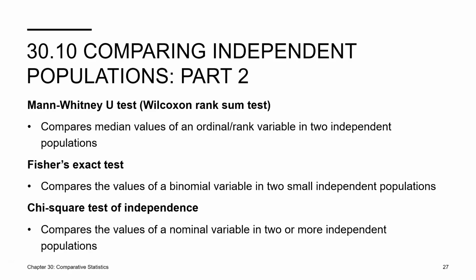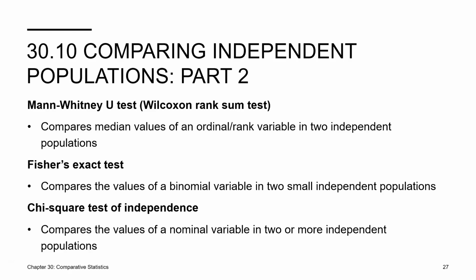Then we also have the non-parametric tests. You have a Mann-Whitney U-test, which is also sometimes called the Wilcoxon rank sum test, which compares median values of an ordinal rank variable in independent populations. This would be if you had Likert scale variables, and if you had, say, knowledge of statistics in public health students versus knowledge of statistics in nursing students.